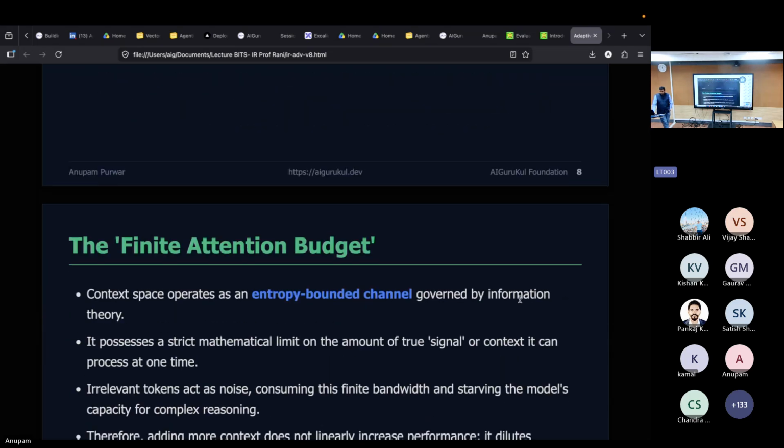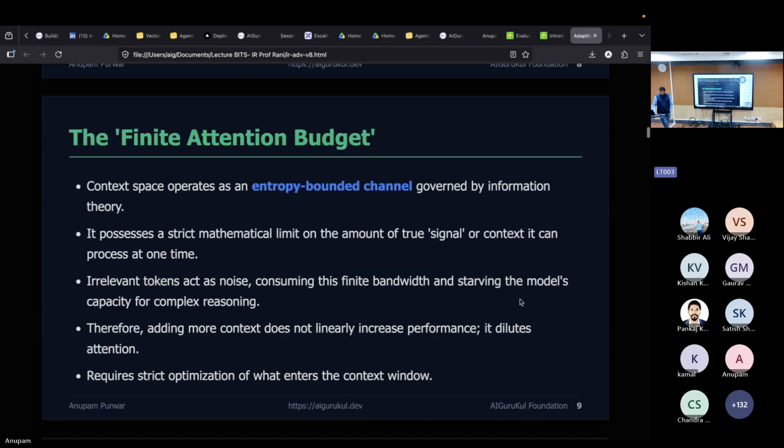And another reason why this field of context engineering is coming up is that the context window of the language models has really increased. But if you throw a lot of information at it, then it tends to get confused, and it will not be able to generate a good quality response.